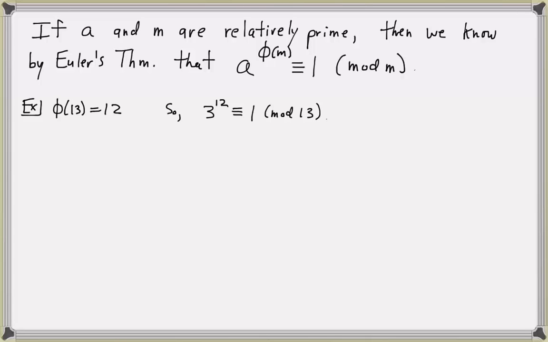Okay? But actually, there's a smaller power of 3 that also equals 1. Notice that 3 cubed, which is 27, is also congruent to 1 mod 13.